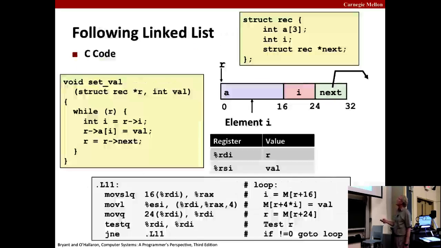Let's look at some other code that you'll typically see. Actually, this example is pretty involved. I'm doing a whole bunch of stuff here with this one struct. First of all, I'm trying to retrieve element i from the structure. Then I'm using that to index into array A and insert a value into there.